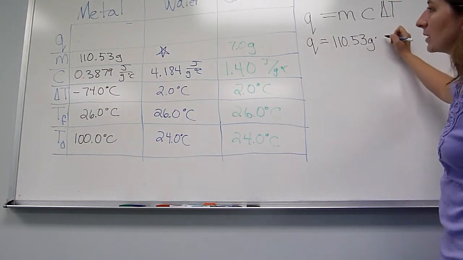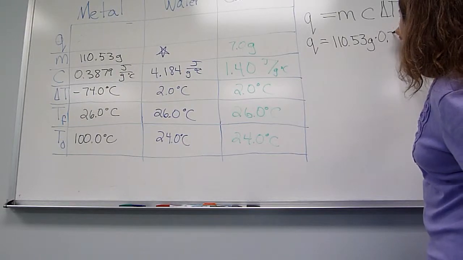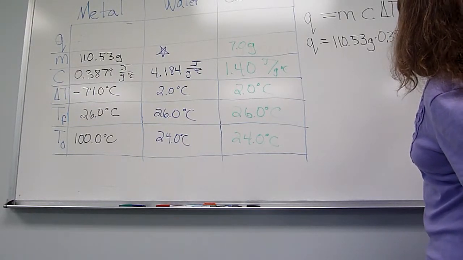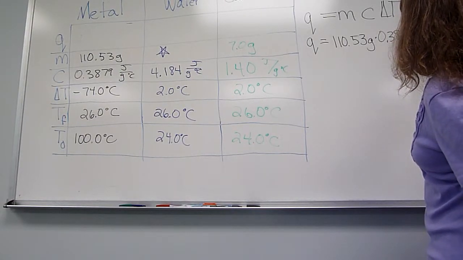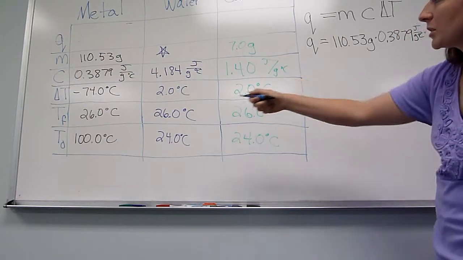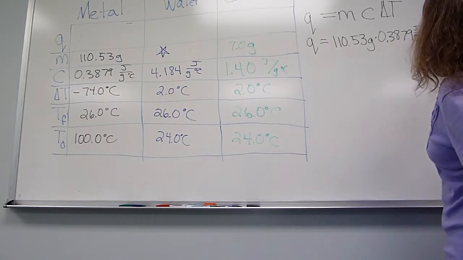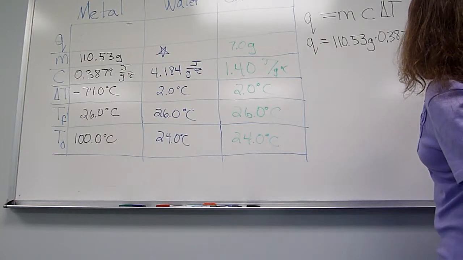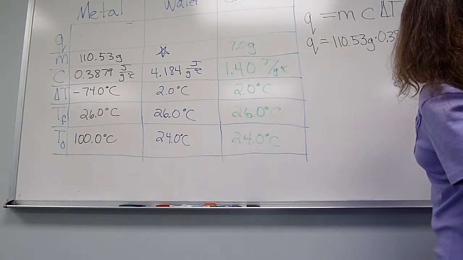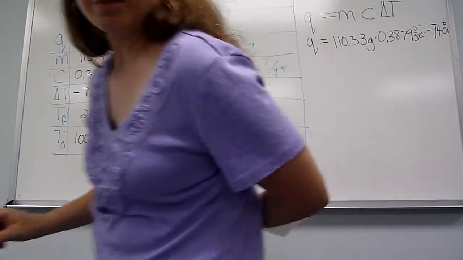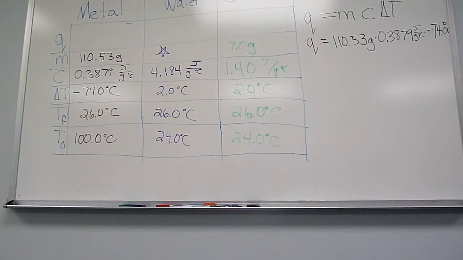Specific heat is 0.3879 joules per gram degrees Celsius. Temperature change for the metal is negative 74.0 degrees Celsius, which doesn't really fit. Let me see if that'll fit on the board. Yep, okay, we have it all on film.